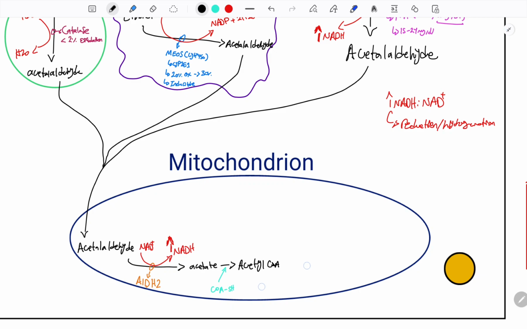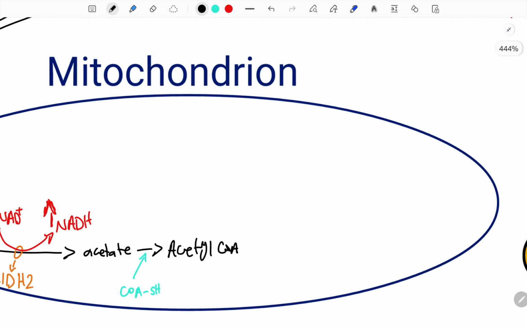Okay, so in order to understand this, we got to understand a little bit of biochemistry for a second. So this acetyl-CoA, right, what can it usually do? Usually, inside of the mitochondria, the acetyl-CoA will combine with a specific constituent of the Krebs cycle called oxaloacetate.